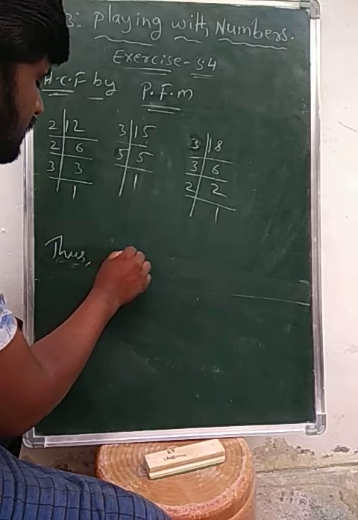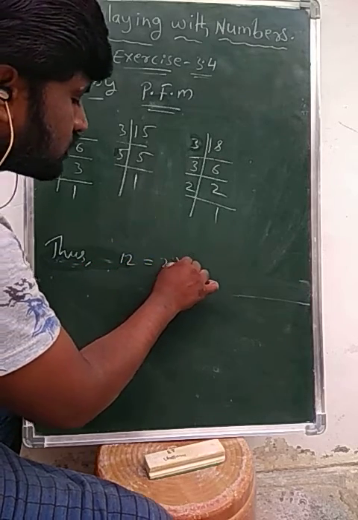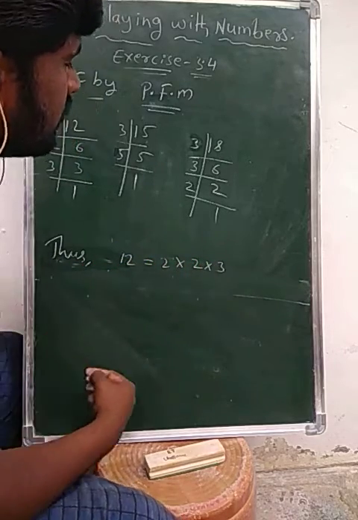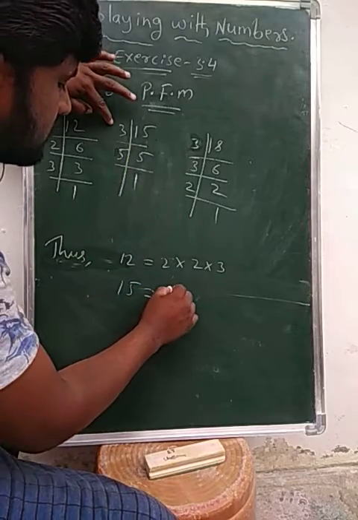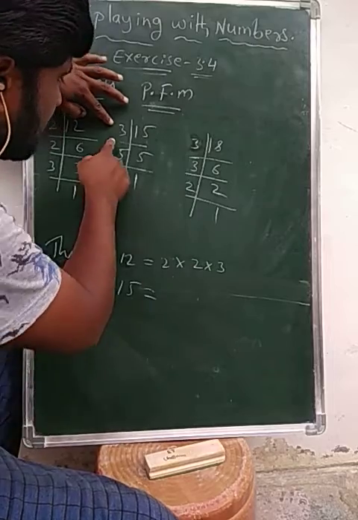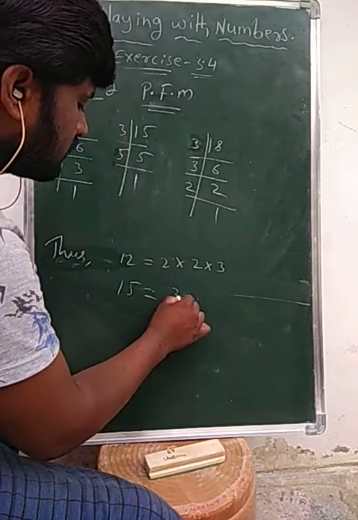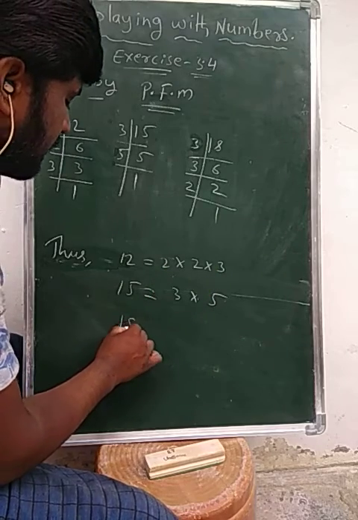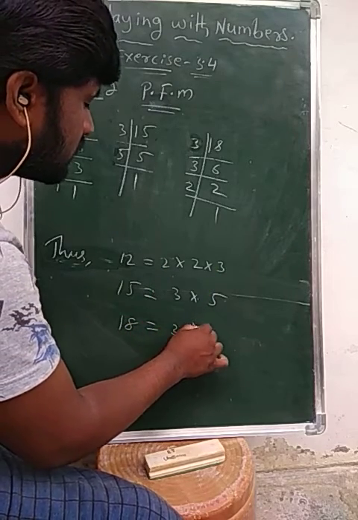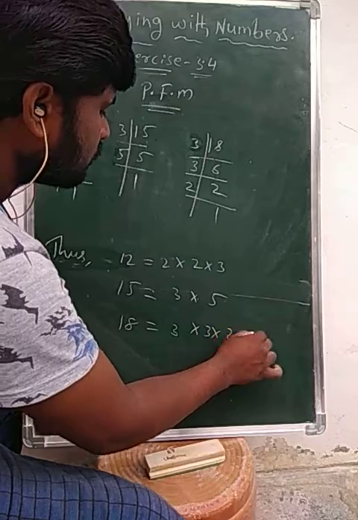Thus 12 is 2 into 2 into 3, and 15 is 3 into 5, and 18 is 3 into 3 into 2.